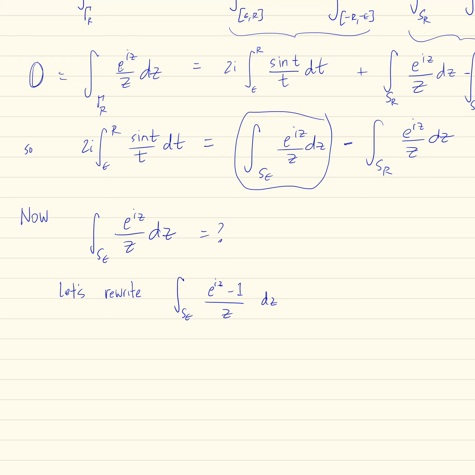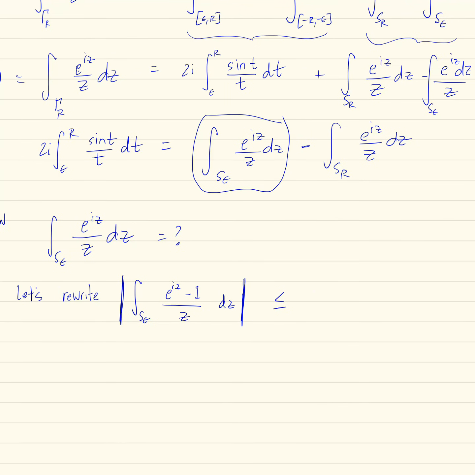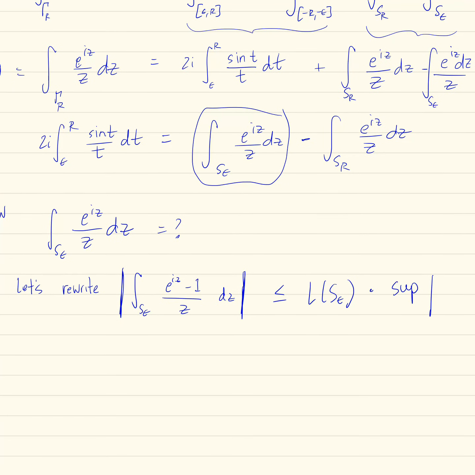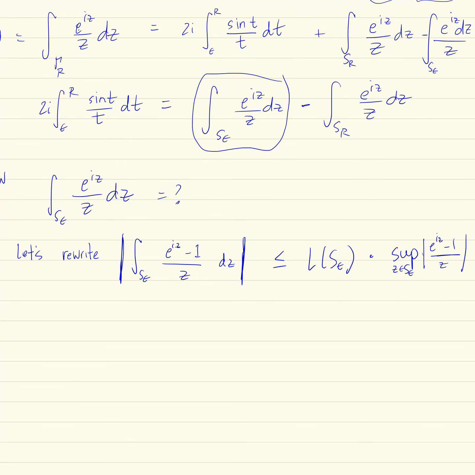Now we can say that this is less than or equal to the length of S epsilon times the supremum of e to the iz minus 1 over z, where z is in S epsilon. Now, what is the length of S epsilon? That's just going to be pi times epsilon.